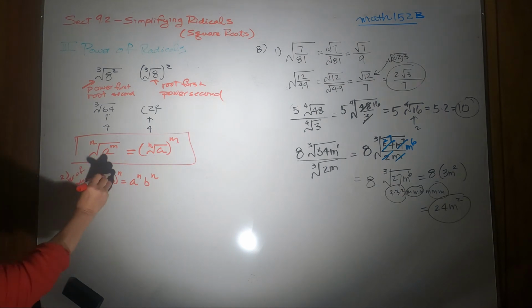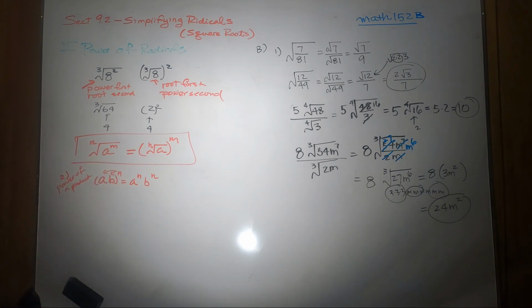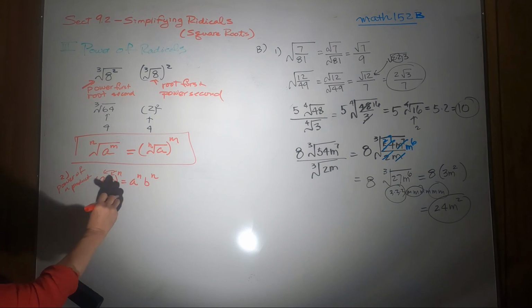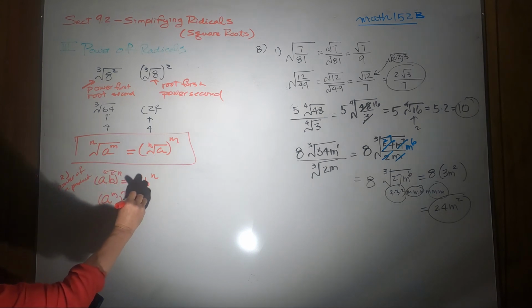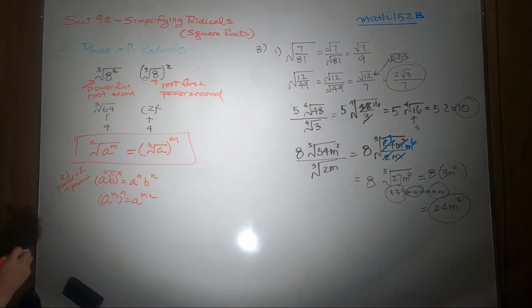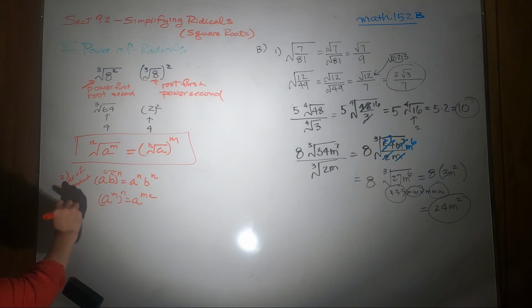Then you need to distribute your power. Then if power on power, that would be what? a to the m, to the n, right? We call this power property. So power on power, you have to multiply your power.